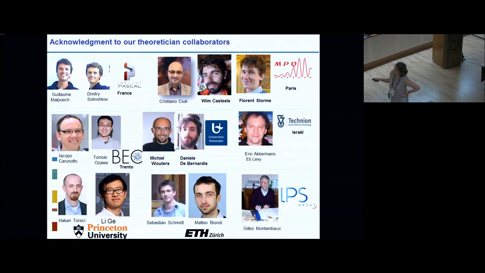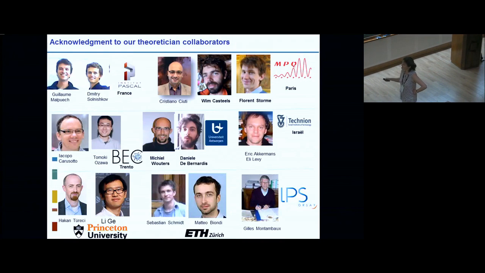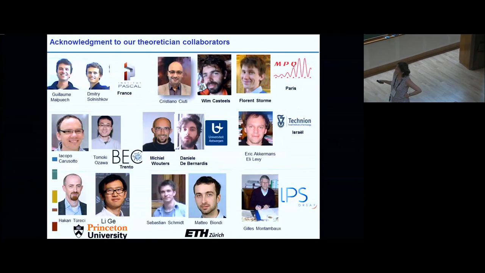When we talk about the reservoir and the condensation, how it works, we interact a lot with the group in Clermont-Ferrand in France from Guillaume Malpuech and Dmitry Solnyshkov. We work a lot also with Cristiano Ciuti and his young colleagues when addressing, for example, dynamical hysteresis. We work a lot with Iacopo Carusotto and Tomoki Ozawa, both on the instability problem, also with Michiel Wouters and Daniele De Bernardis, and also on the graphene.